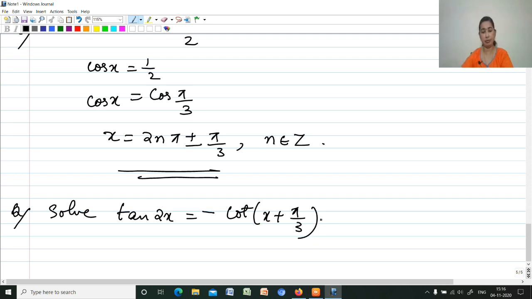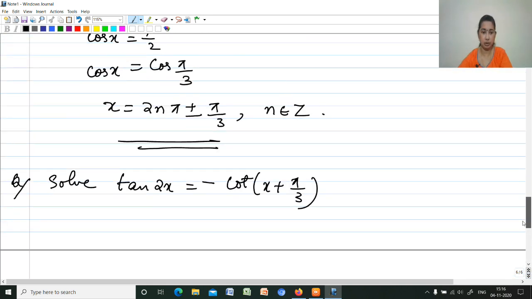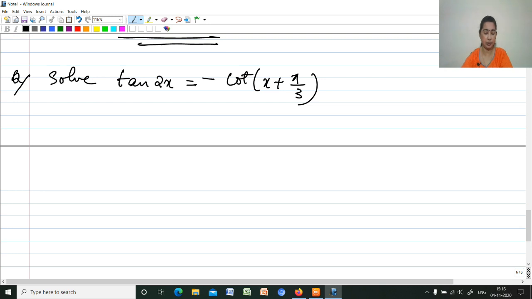Solve means we have to find out the value of x. So the question is tan 2x equal to minus cot of x plus pi by 3. So tan 2x is equal to, given question, minus cot of x plus pi by 3.